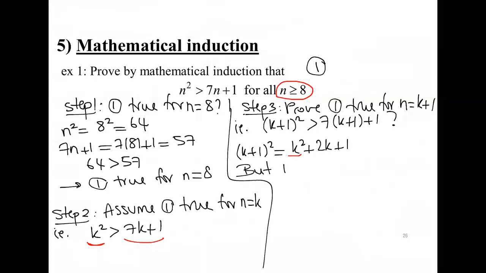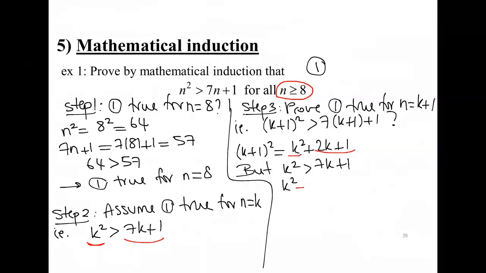In this inequality I have drawn from step 2, in order to reach k plus 1 all squared, I need to add 2k plus 1 to k squared. We know that whenever we add the same number to both sides of an inequality, the inequality is unaffected. The order of the inequality remains the same.